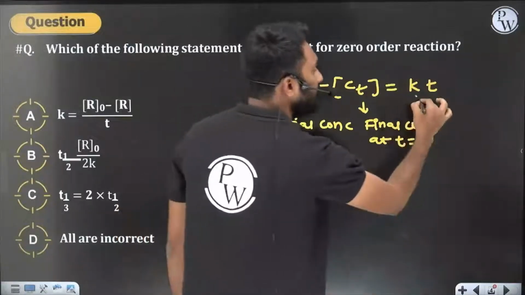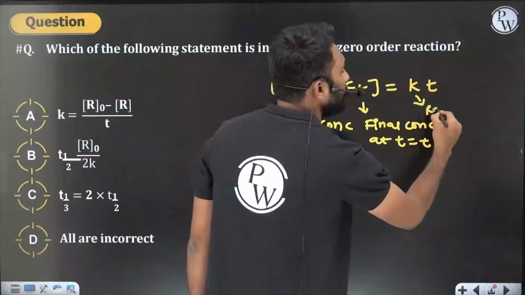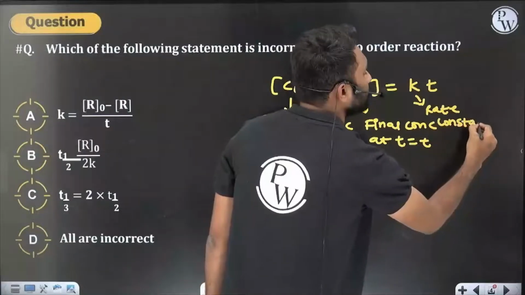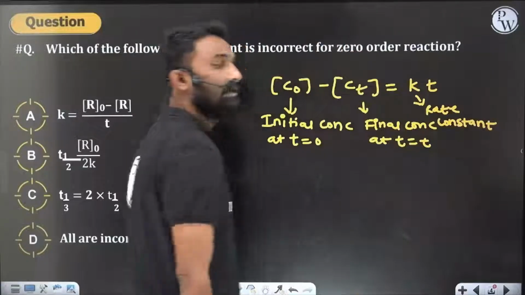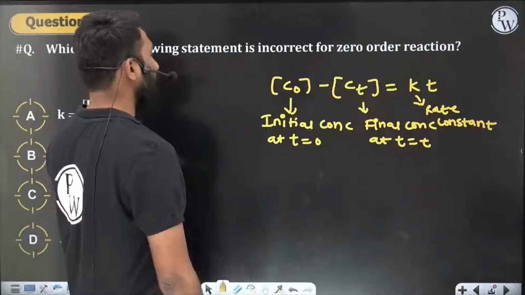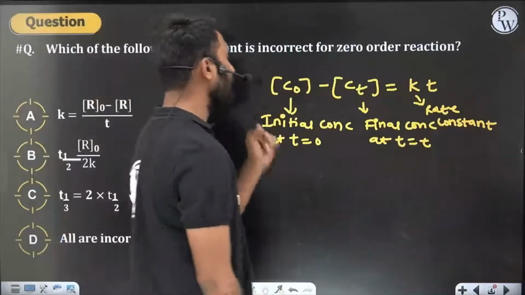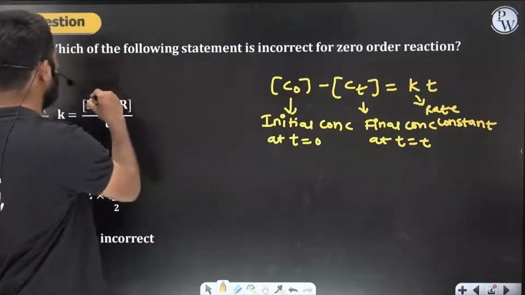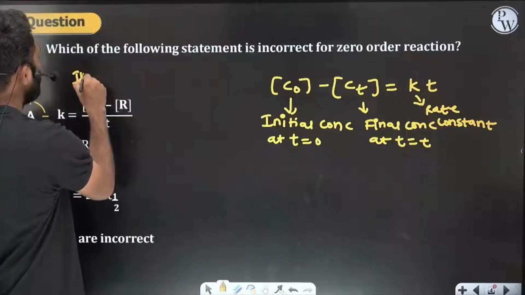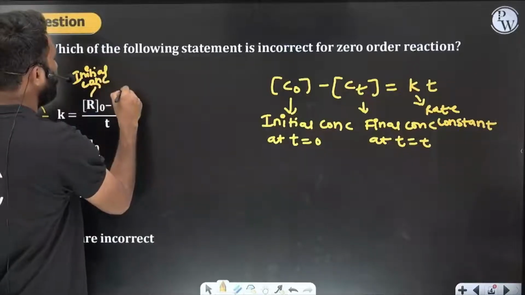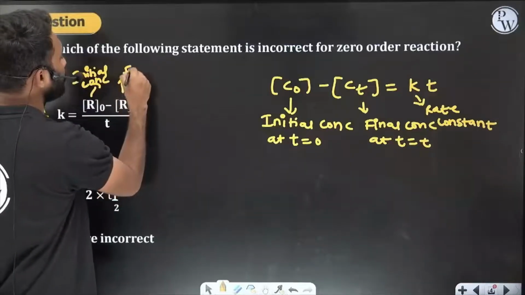Now k is the rate constant, and t is time. Okay, here R naught they have given, here I have taken C naught. Okay, don't get confused. This is the initial concentration, and this is the final concentration.